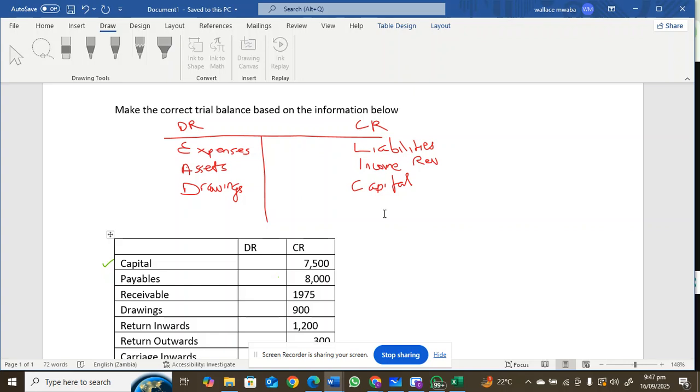I can't get you, madam. I'm just asking how do we classify receivables?